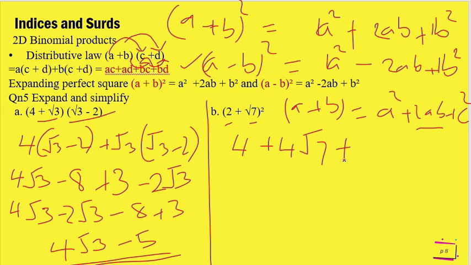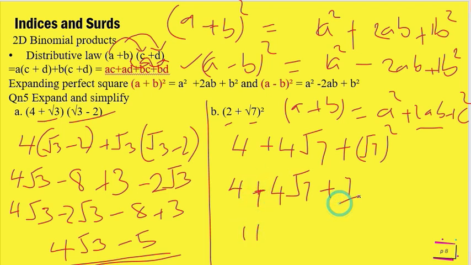Root 7 squared is just 7, so therefore the final answer becomes 4 minus 4 root 7, plus 7. So if you add, you get 11. Collect the right terms together, you get 11, then plus 4 root 7.